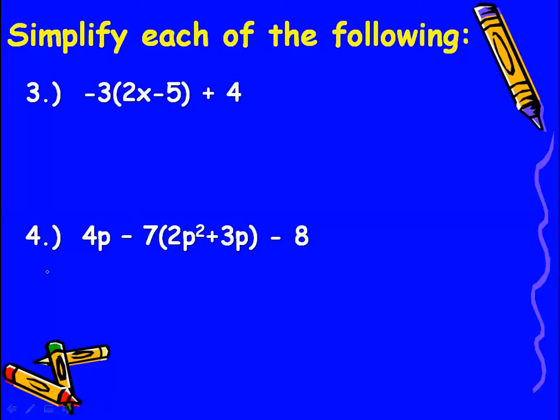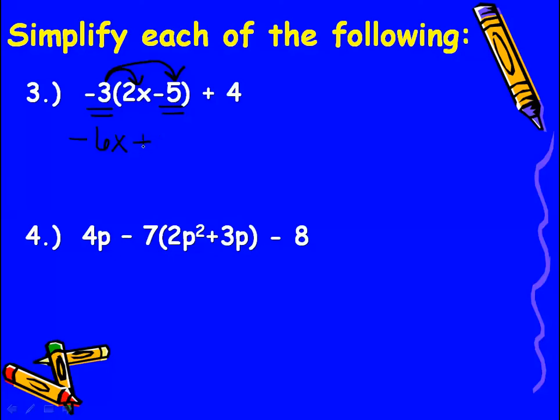In our next example, the only way to simplify this will be to first distribute the negative 3 to the numbers in parentheses. When you simplify a problem, you should never leave a parentheses in the problem. So we're going to remove this by using the distributive property that we learned in the last lesson. Negative 3 multiplied by 2x makes negative 6x. Then we multiply negative 3 times negative 5. Remember to include the sign on both numbers. That's a positive 15.